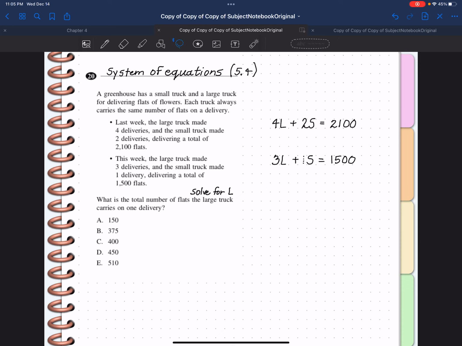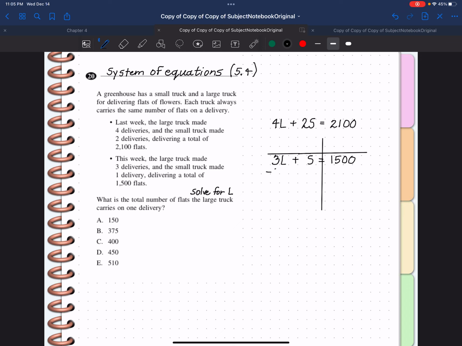And I think I'm just going to use this one because it's already almost solved. And in order to do this simply, I'm going to take out the ghost 0 that's with that small truck. We're just going to say the small truck only went out once.